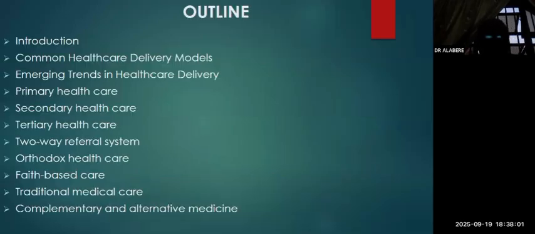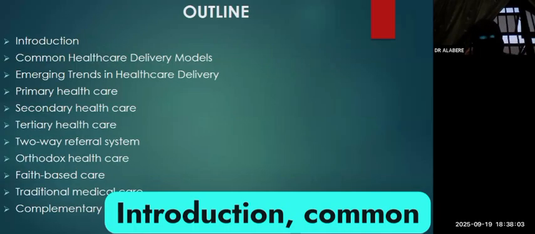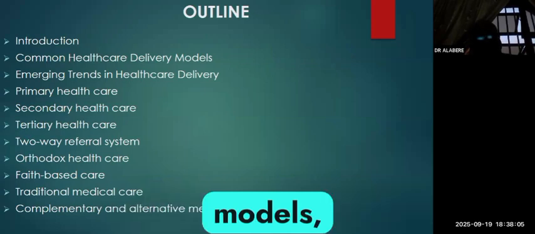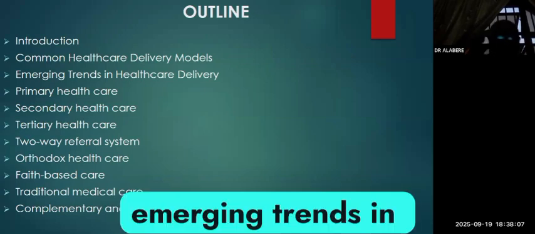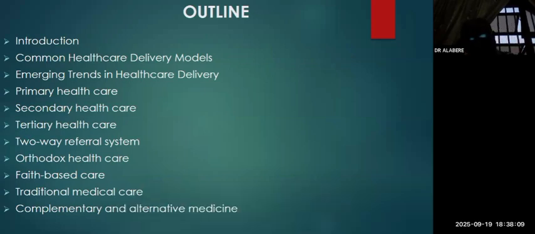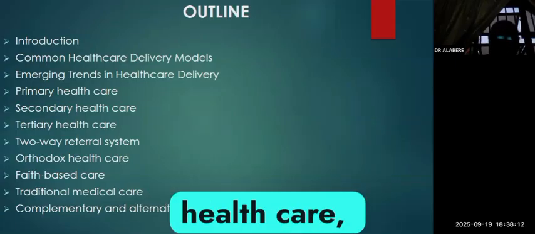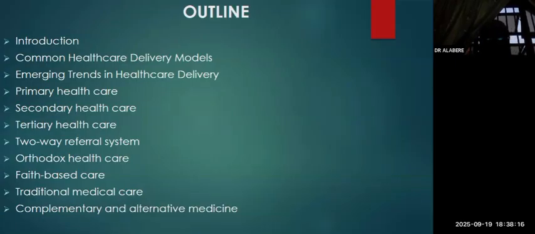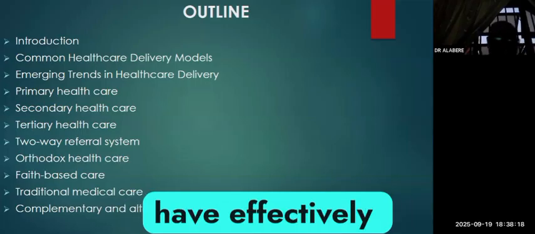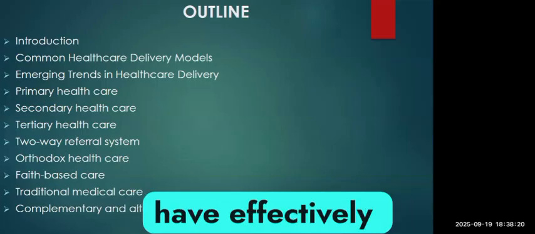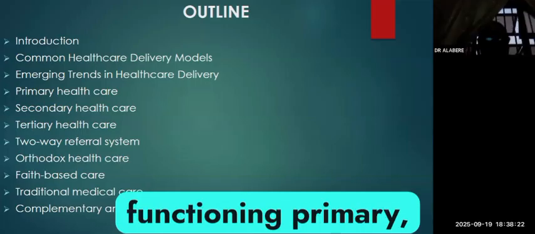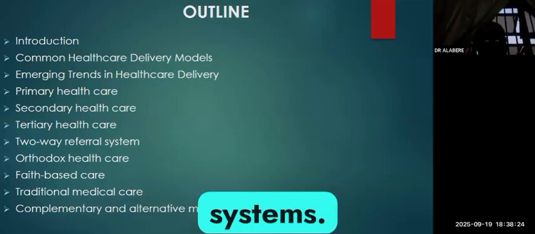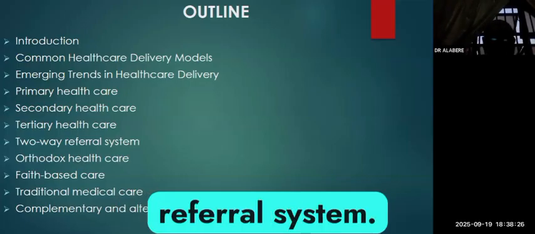So this is the outline. Introduction, common health care delivery models, emerging trends in healthcare delivery. We look at primary healthcare, secondary healthcare, tertiary healthcare. And then for us to have effectively functioning primary, secondary, and tertiary healthcare systems, there must be referral system.